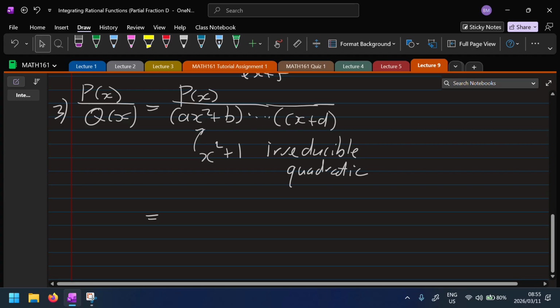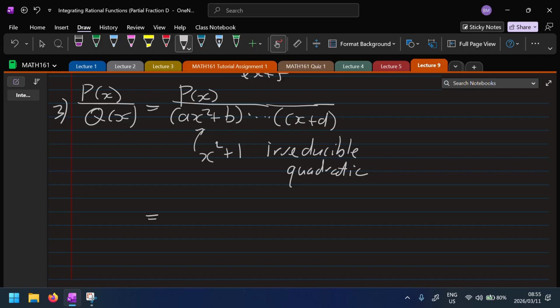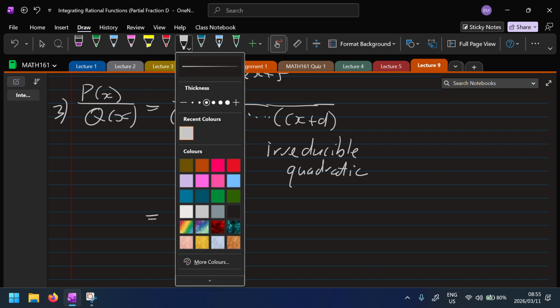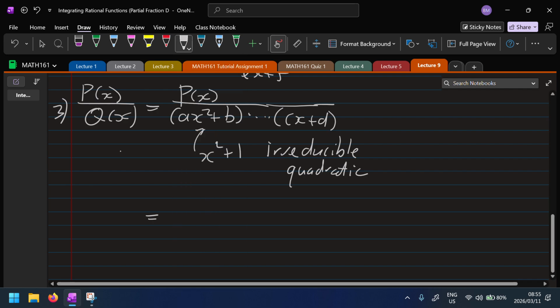So here the bottom is quadratic, so it will be something like, right? Do you see the pattern? Linear at the bottom, constant at the top, quadratic at the bottom, linear at the top. If it was cubic at the bottom, it would be quadratic at the top. It just adds more work, so we're not going to be doing that one.